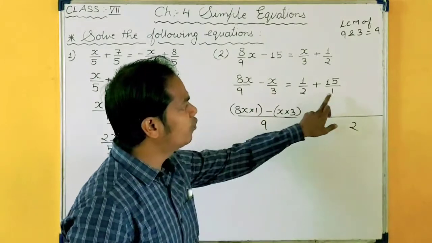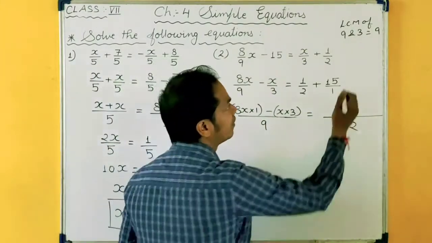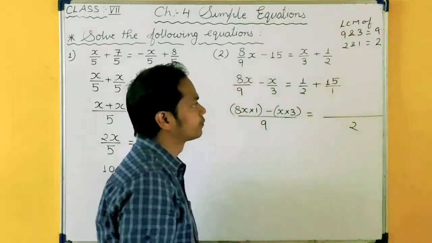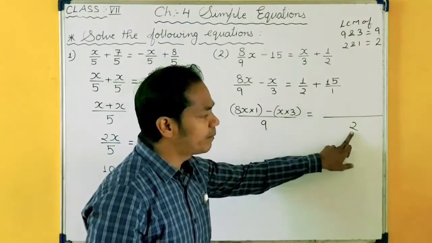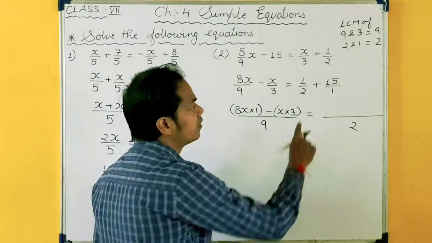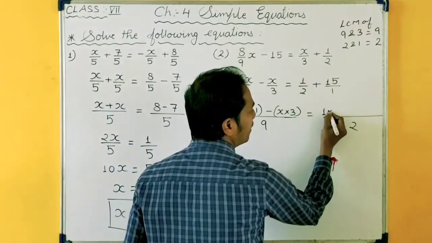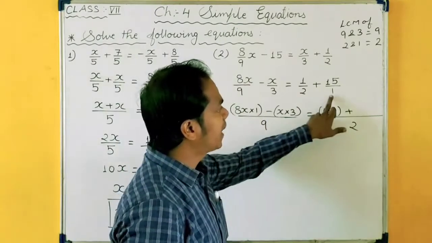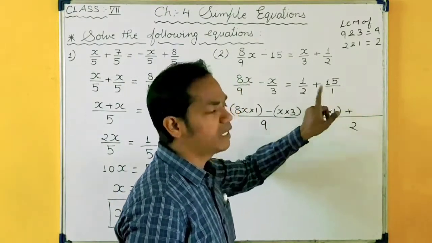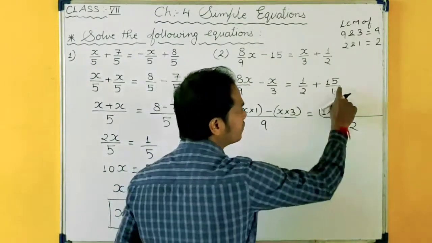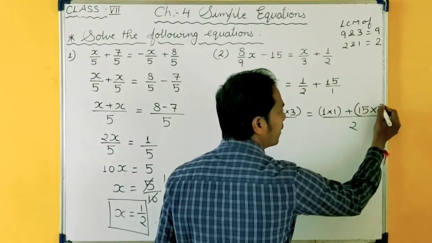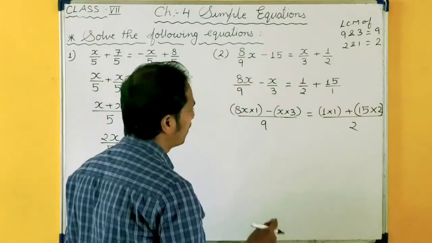What is the LCM of 2 and 1? When you take the LCM of 2 and 1, you will get 2. How many times will 2 come in the table of 2? 1 time. So your numerator will be multiplied by 1. Plus, how many times will this LCM 2 come in the table of 1? Two times. So this 15 will be multiplied by 2. Now multiply.